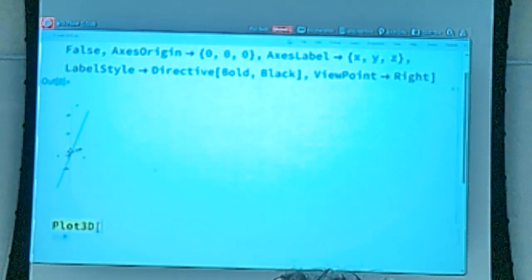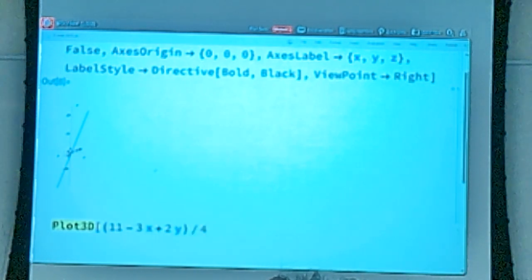Plot3D. So here's the thing with Plot3D. It has to be of the form z equals a function of x and y. So we have to solve the equation. This also has other problems with it. That is solving for z.